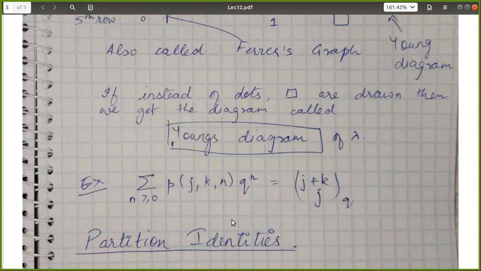Now we will have several identities where we will use generating functions to prove these identities. So mostly it'll be using the generating functions, and the method of proving them would be the combinatorial way. Okay, so just a glimpse into it and I'll end.